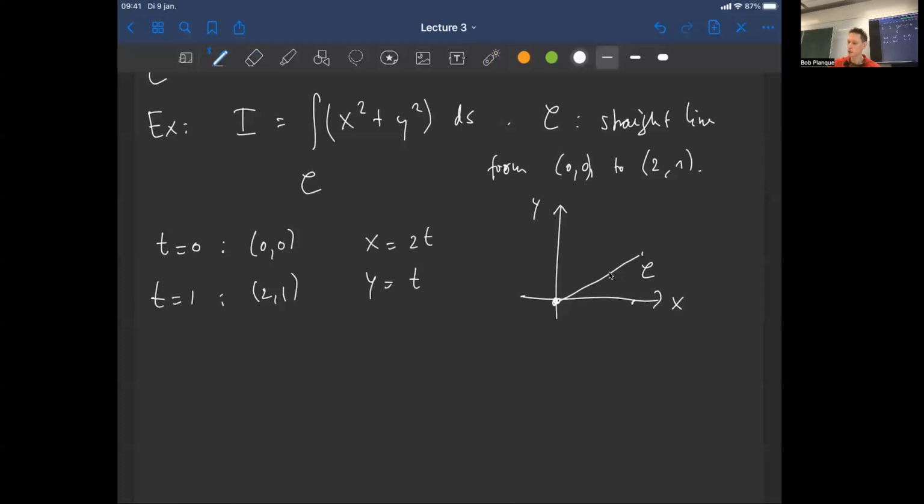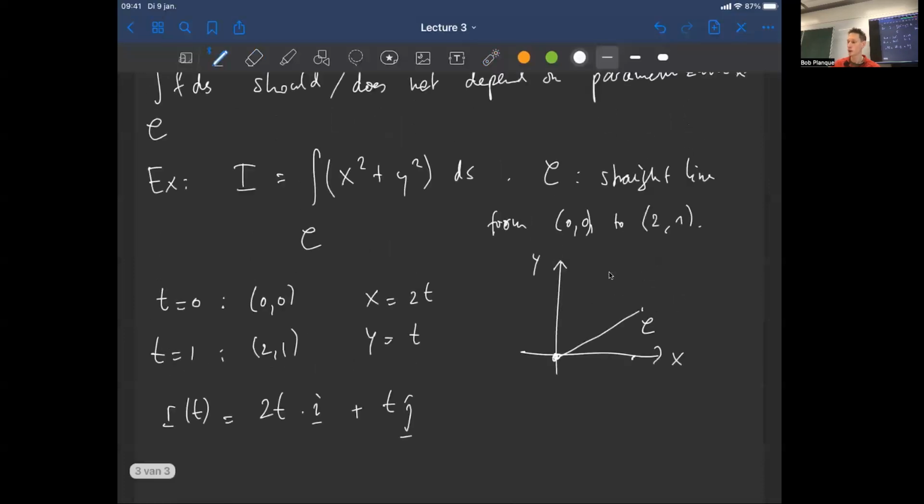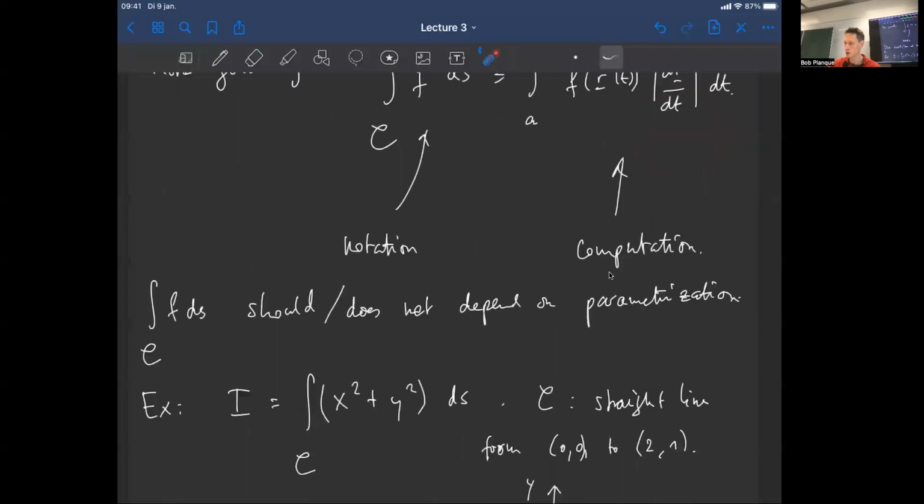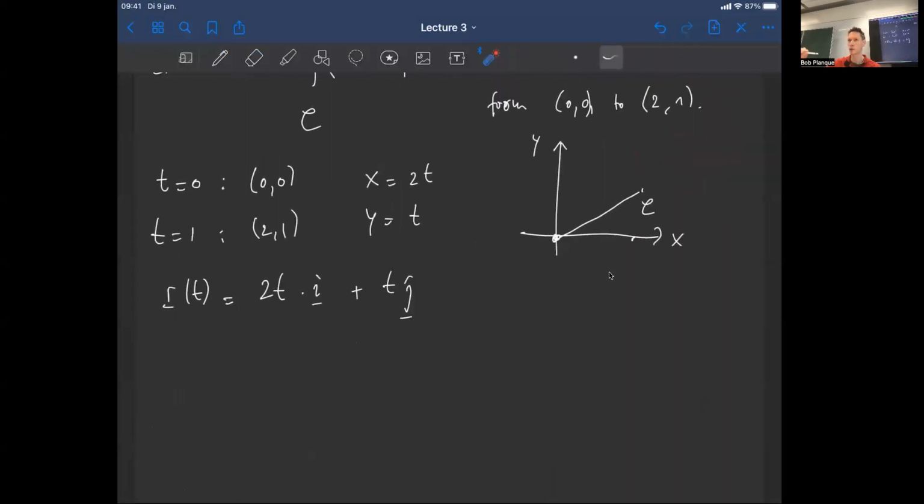So the parameterization r of t that I choose is 2t times i for the x part and t times j for the y part. Now I have my parameterization ready, and to do this integral, I have to compute dr/dt, the speed of this curve, which may be t dependent. In this case, probably not, because I'm going through a straight line.